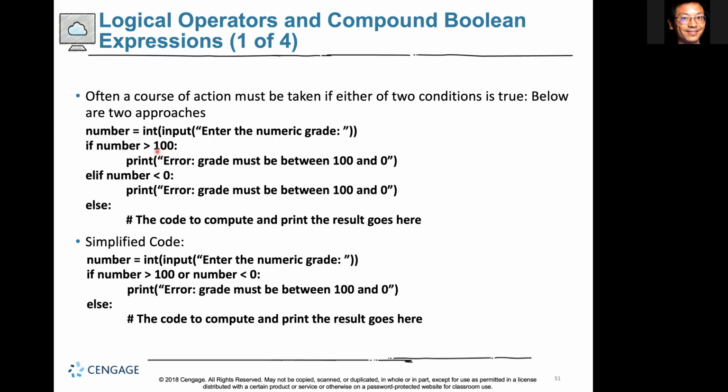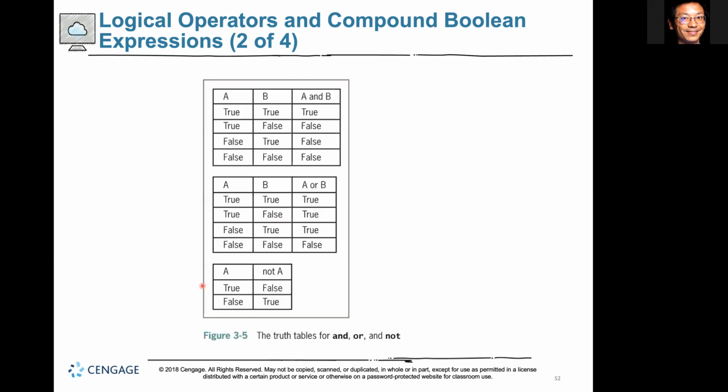Each one of them is a simple comparison expression, but you can combine them with a logical operator or. Then there's also the logical operator and. So you can have two comparison expressions using this logical operator or, so if either one is true, then you're going to do this, okay? The result is true if either one of these two parts is true. So that's the or logical operator.